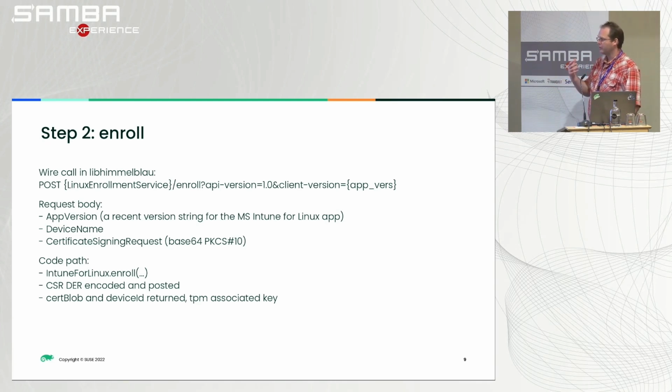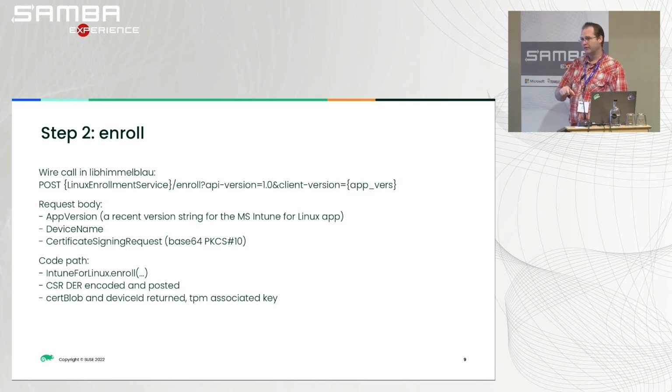So in the response, we get back this cert blob and a device ID. And then, of course, we have the TPM associated key that we use to create the CSR to begin with. Now, the interesting thing is in Entra ID, we need the certificate response from the Entra ID enrollment in order to authenticate. But in Intune, we never use that certificate.